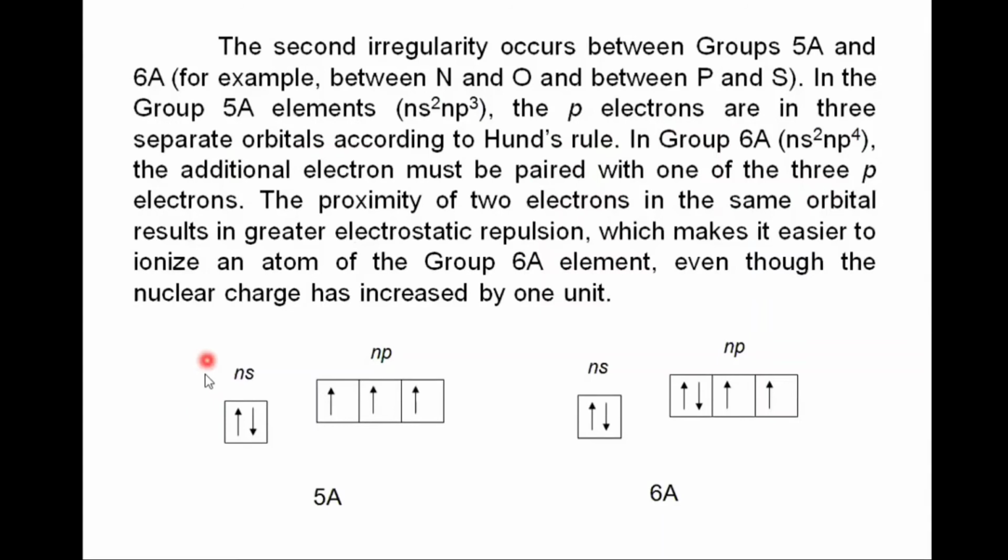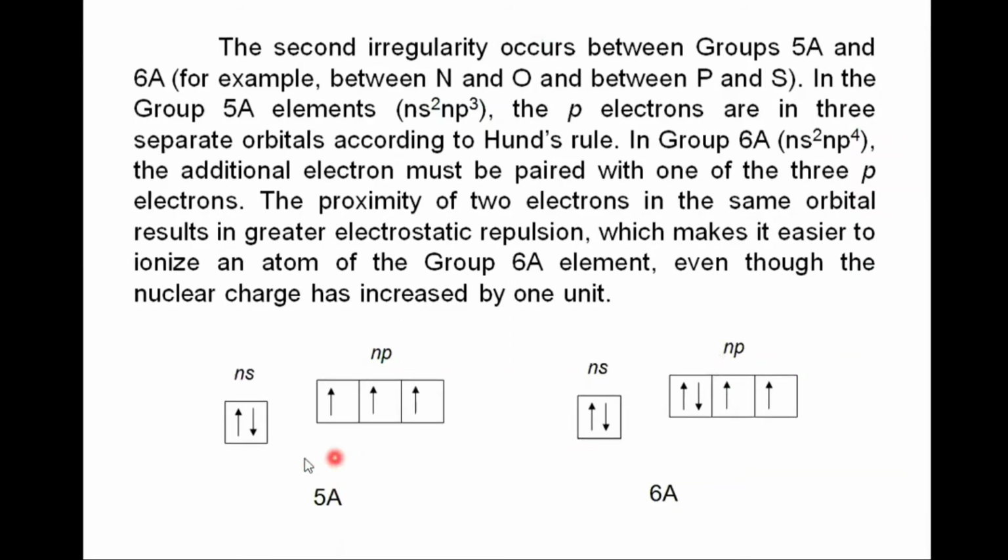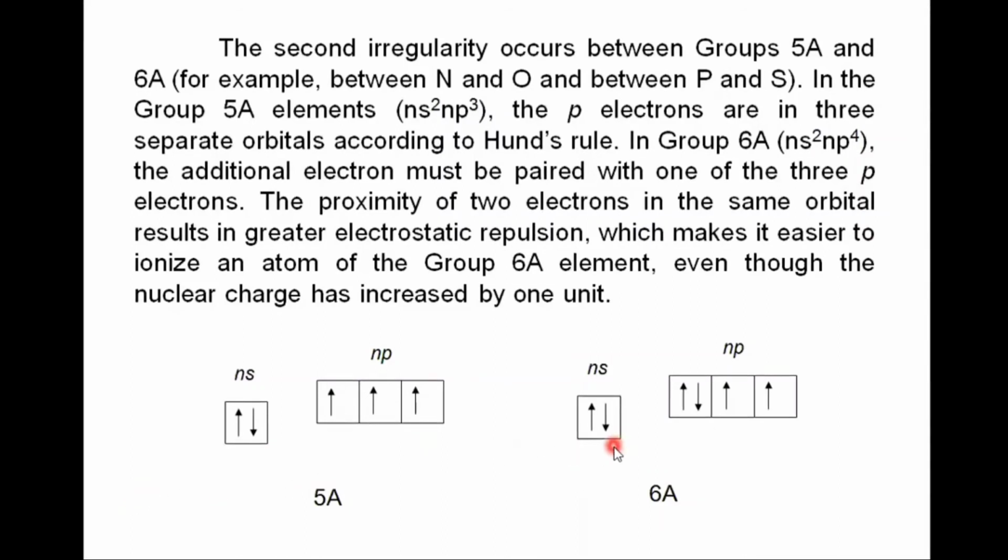Similarly, the second irregularity lies in the group 5A and 6A elements. Here, you know that this is the electronic configuration of nitrogen, s2p3, and this is the electronic configuration of oxygen, s2p4. Here, we can say s is completely filled in both cases, so no effect of s.